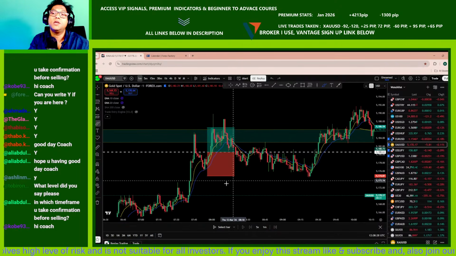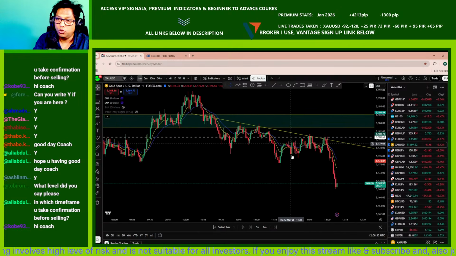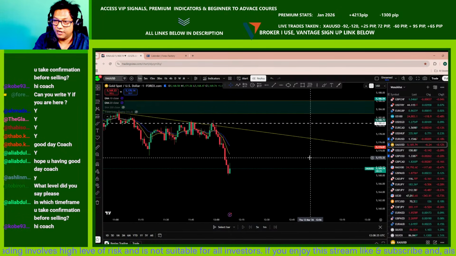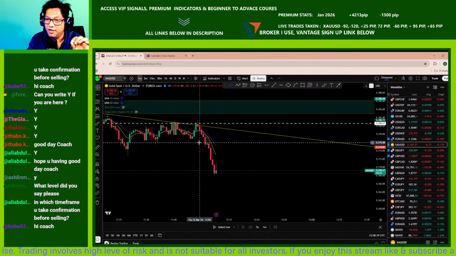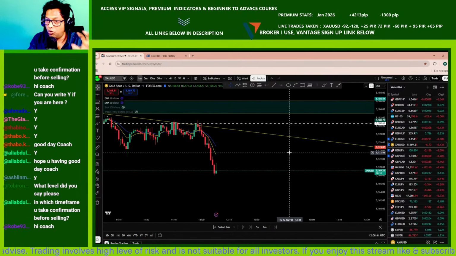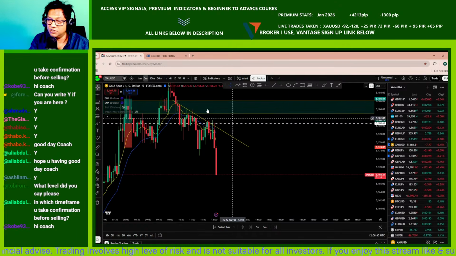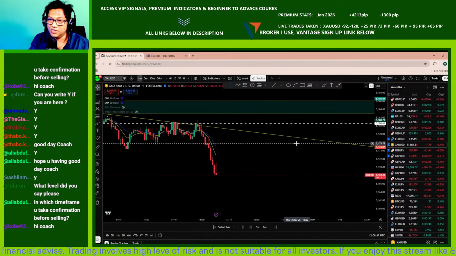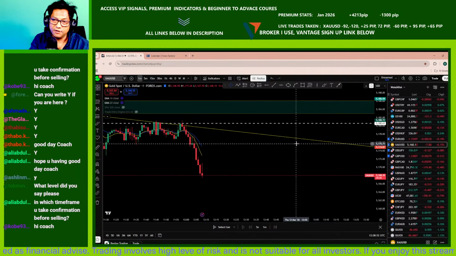So I have used the trend, the price action, and also the market structure along with the timing. It's the London session breakout trade, and this is what I always talk about: always look for the session breakout, because when the market is breaking out of the session, there is a higher possibility that the market will move in the direction of the trend.